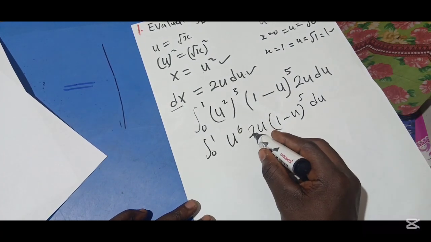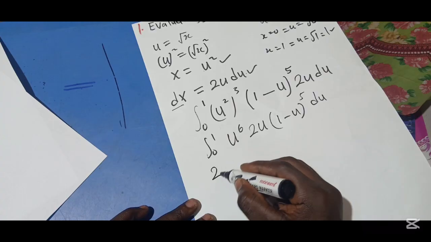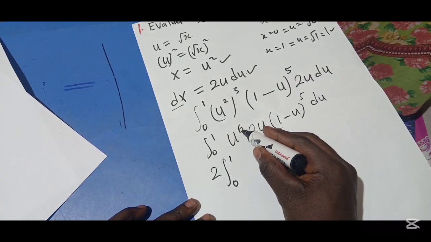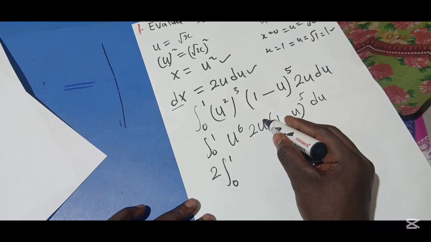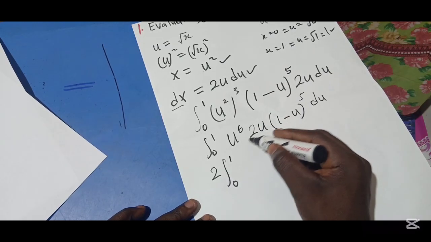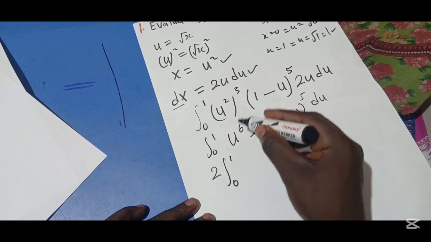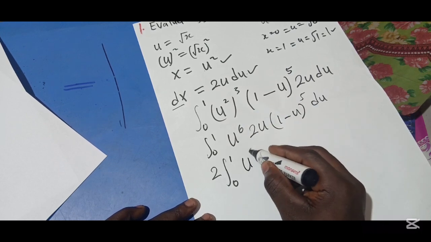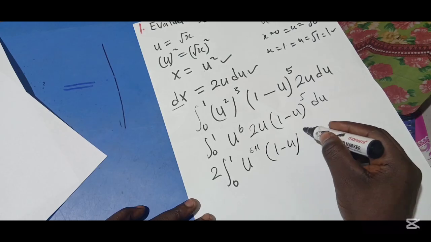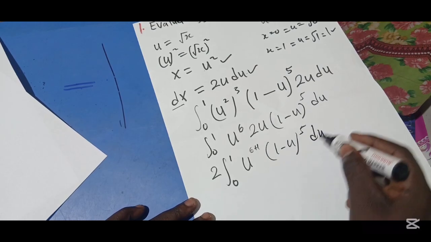Now this is a constant. We can actually bring it out. So 2 integral from 0 to 1. And we have u to the power 6 and u to the power 1 here. Because they are multiplying, we can actually add the powers. So u to the power 6 plus 1, which is actually 7 du.